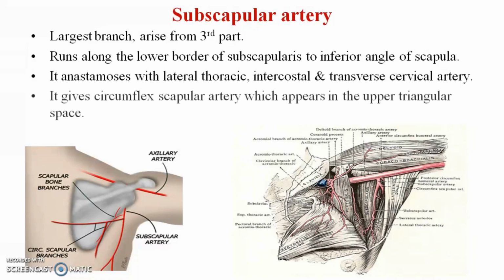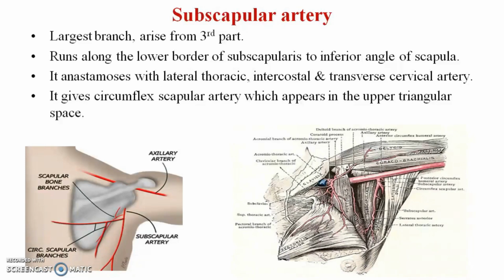Then after it gives a branch called circumflex scapular artery, which is going to appear in upper triangular space, we will deal later. Just to remember, we have a space called upper triangular space. There we will be having a branch called circumflex scapular artery, which is nothing but again a branch of subscapular artery. So about subscapular artery, you have to tell from where it is originating and the course of the artery, how it is anastomosing, and what branch it is giving.